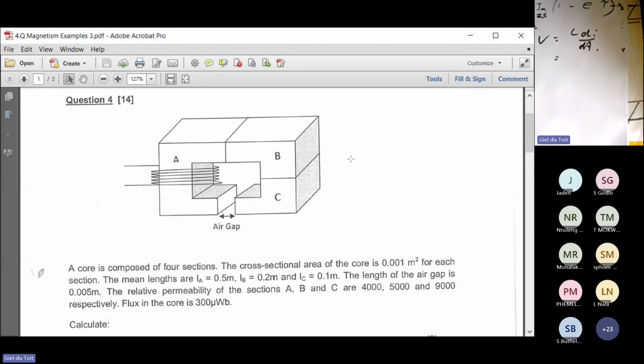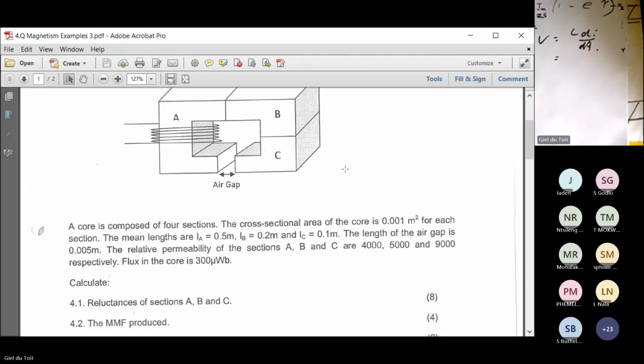There's some wires winding, 1, 2, 3, 4, 5, 6 windings. They wanted you to calculate the reluctance of sections A, B, and C. This one is very complicated. You won't get this complicated one in the exam, but it's good to see what we are still going to learn. I will still teach you how to calculate the reluctance.